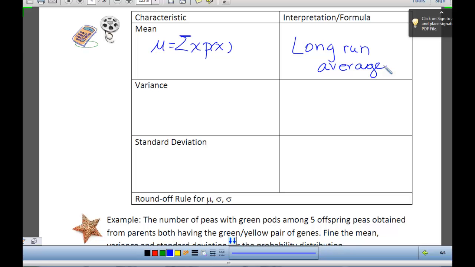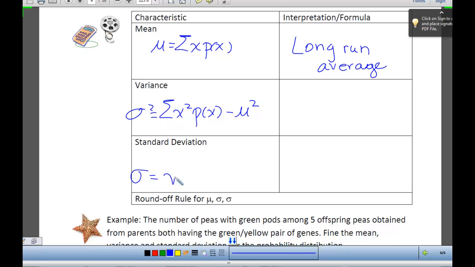Variance is the summation of x squared times p of x minus mu squared. That's going to be our variance for our probability distribution. And then, of course, the standard deviation is going to be the square root of that.